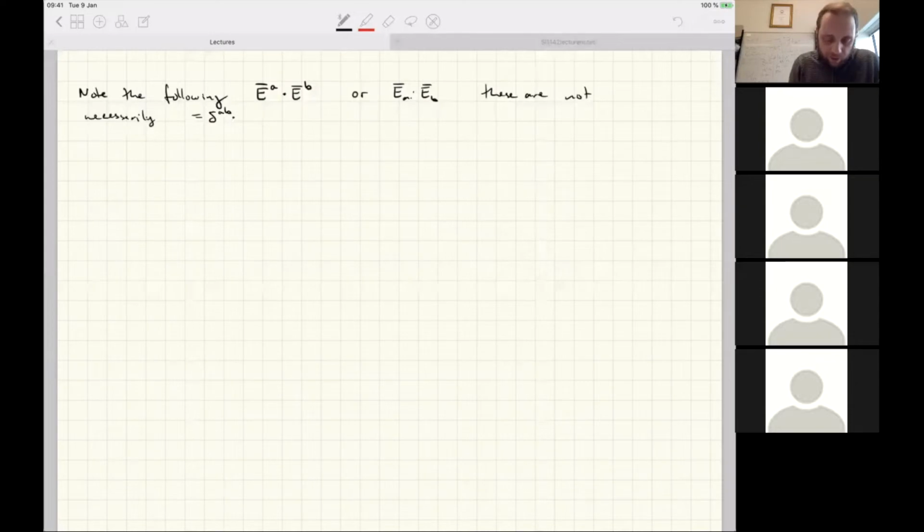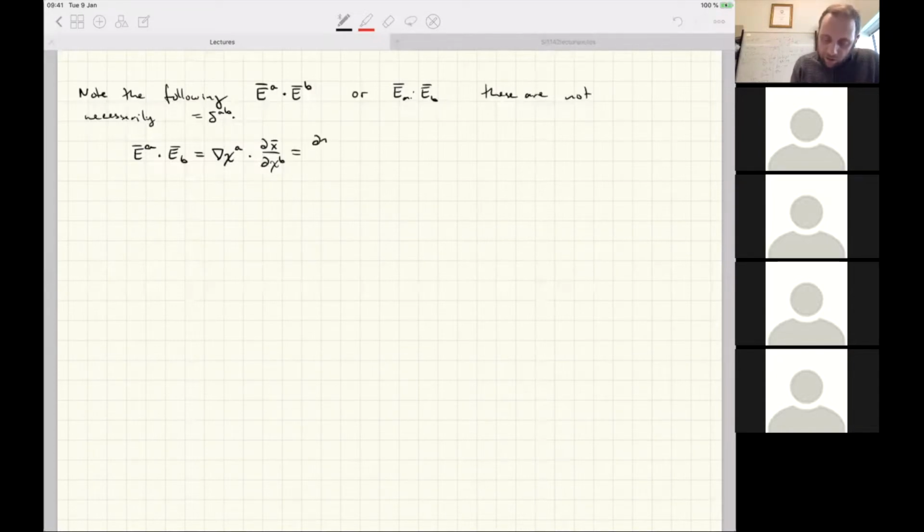However, we have the following relation: if we take the dual basis vector E^A and take the inner product with the tangent vector basis E_B, this is the gradient of chi^A inner product with dx/d chi^B, and this again is the chain rule.